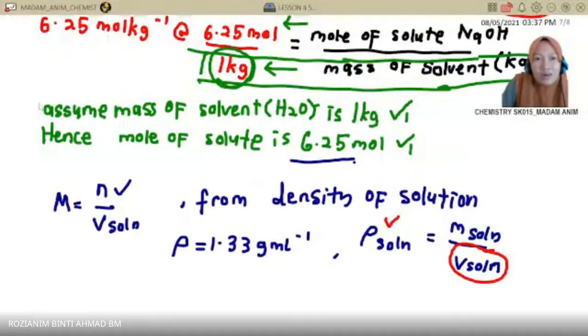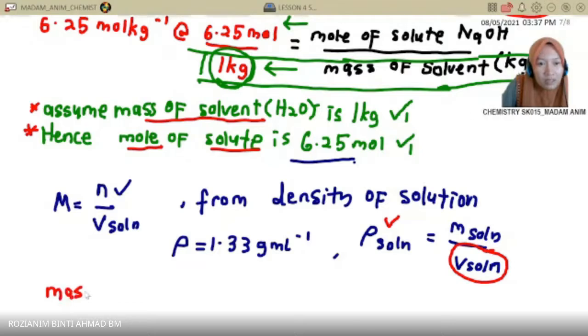Kita tengok data yang warna hijau ni sekarang. Okay, so kita ada perkataan mass of solvent. Kita ada perkataan solute, tetapi kita dapat mole. Apa nak buat dulu mole solute? Kita nak dapatkan mass solution. Macam mana jumpa mass solution?